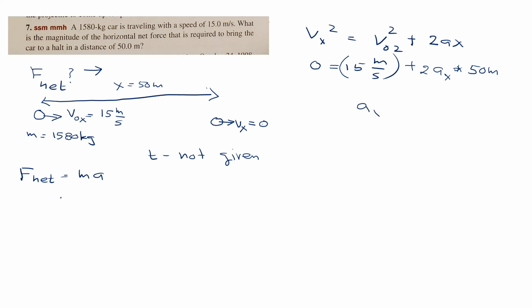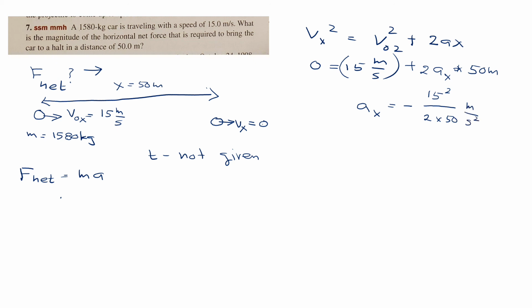If you solve for ax, you get a negative answer: 15 squared divided by 2 times 50, in meters per second squared.